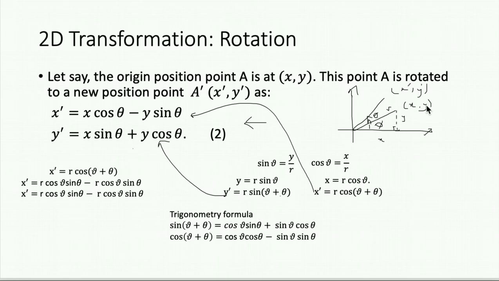Based on our knowledge of geometry, for the first straight line, the original position (x, y), if you are given the value of alpha and r, then sine alpha is equivalent to y over r, and cos alpha is equivalent to x over r.